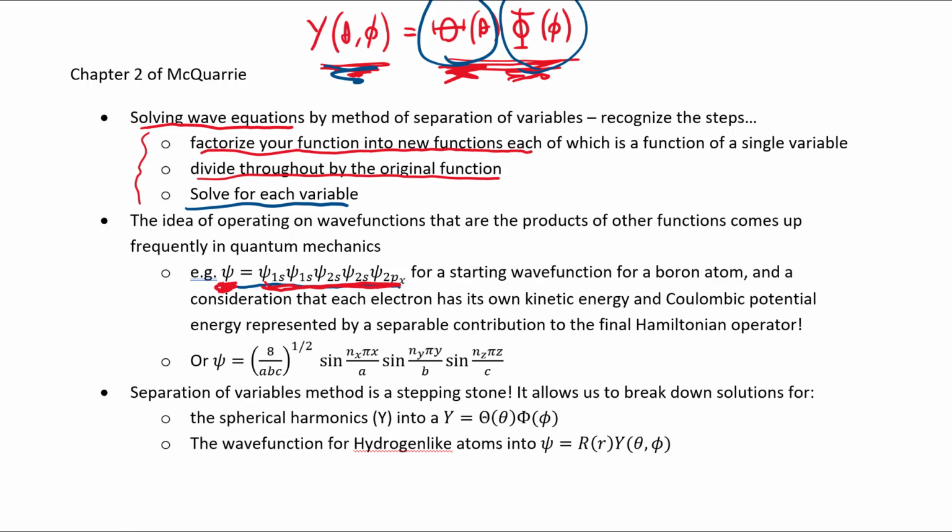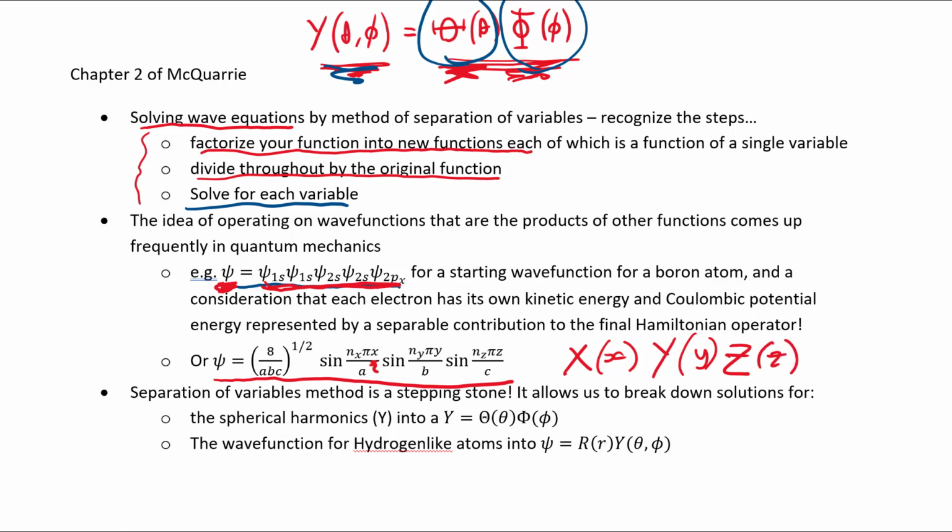But the examples that come up really in chapter 3 are very good examples. And so when we go from a particle in a one-dimensional box to a particle in a three-dimensional box, we start with this function in here. We've got an x function, which is a function of x in here, and we have a y function. So we multiply these expressions together, and we also have a z function.